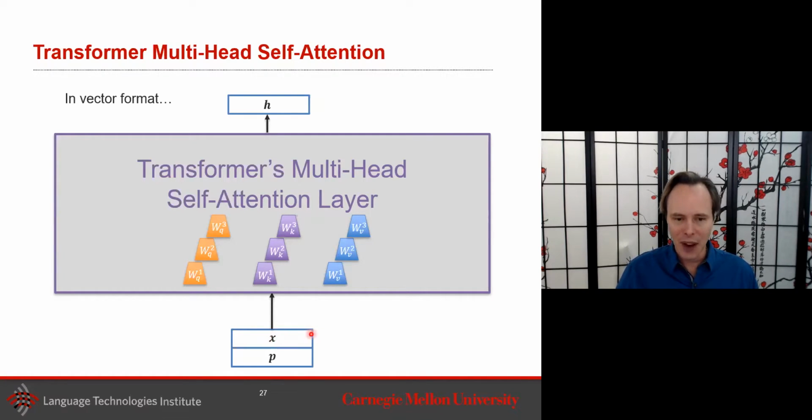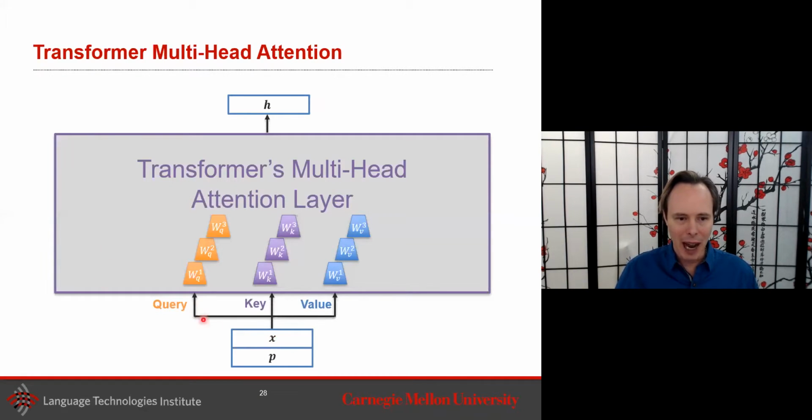So X is a vector, and for each of the words or elements in the sequence, I also have a vector. So in a matrix format, and the self-attention, if you remember, has the same input. For the query, this is the thing we want to encode, and the context for it is the value as well.